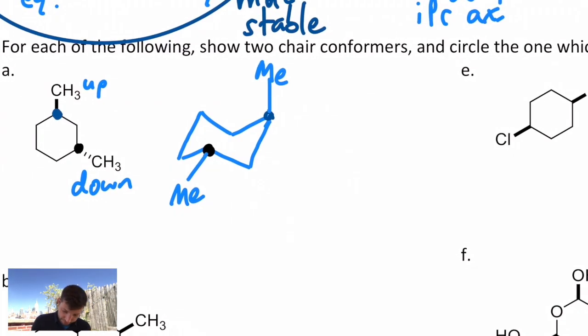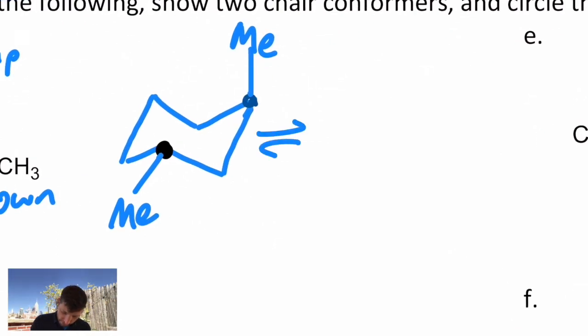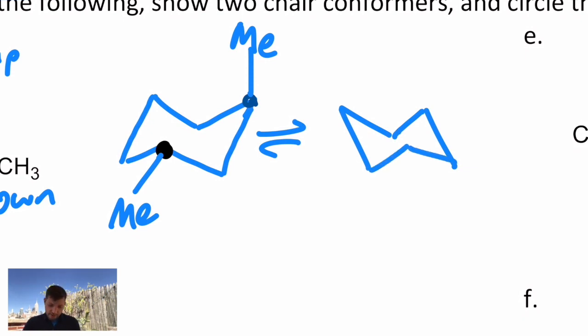Now I ring flip it. Draw an equilibrium arrow, slant my chair in the other direction. So I'll take this carbon and I'll make it over here. That way my up axial methyl becomes up and equatorial.